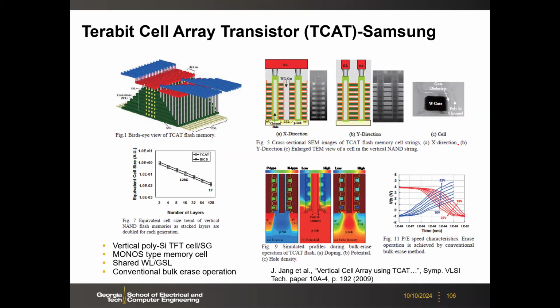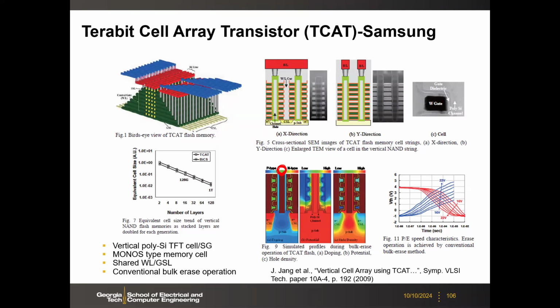In the same year, Samsung also showcased their initial development of this technology, and they call it the TCAT architecture. It's very similar to Toshiba's design, with some subtle differences. For example, the polysilicon is not going to fill the entire hole; they will have the polysilicon just surrounding a vertical pillar. I'll show that in more detail later.